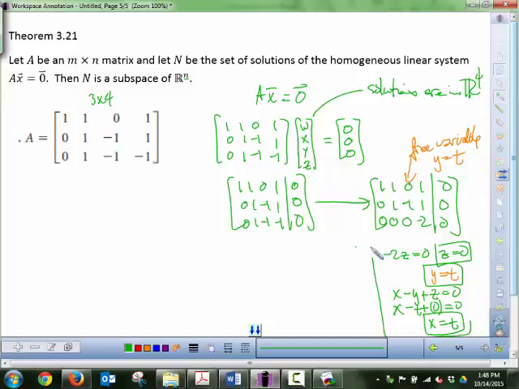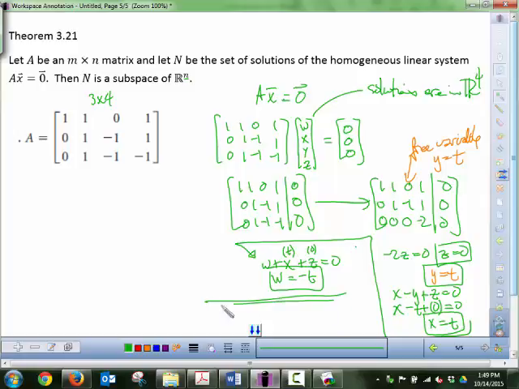So from here, I have w plus x plus 0y plus z is equal to 0. So w is equal to, z is equal to 0, and x, we found that to be t. So you bring the x on the other side, that's negative x, so it's negative t.